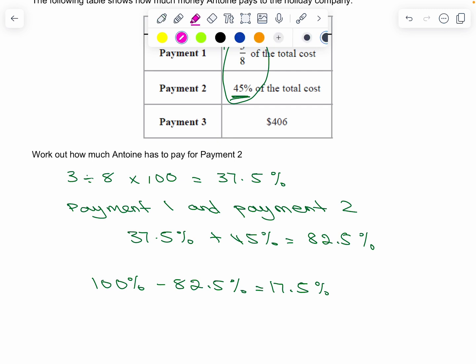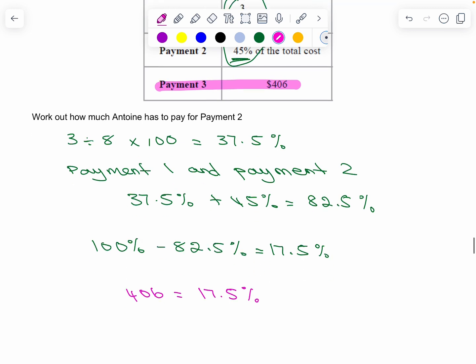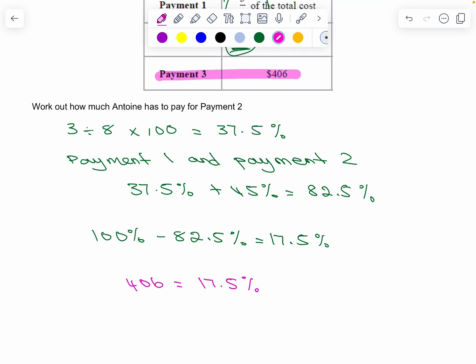So payment 3 must be the remaining 17.5%. So payment 3, which is $406, is 17.5%. This is now going to help us find 100%.